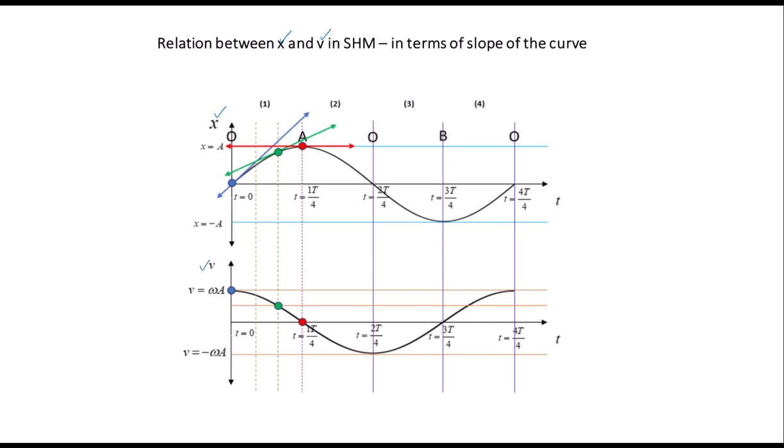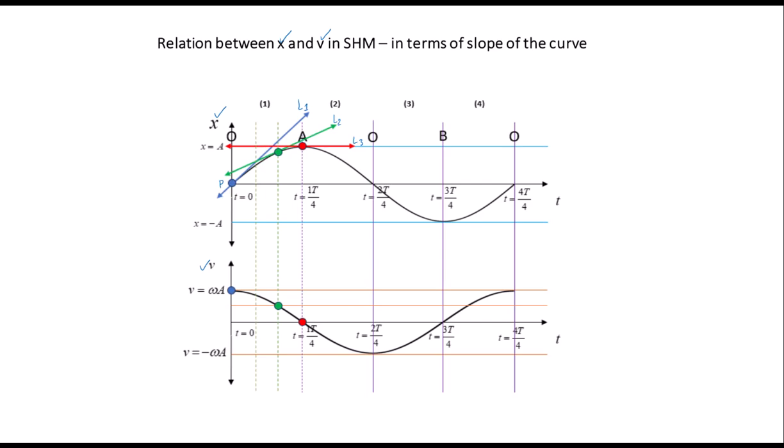Now, on the sine curve for the displacement, if I take 3 points given by, for example, line 1 in blue, line 2 in green and line 3 in red. Let's say we talk about the first point. So let's consider this point P on the displacement time graph.